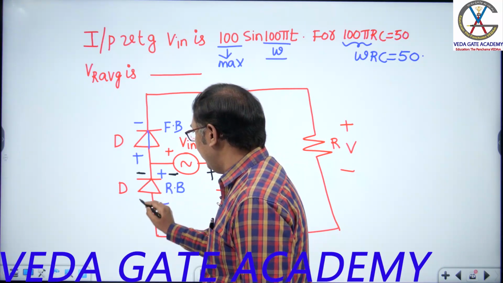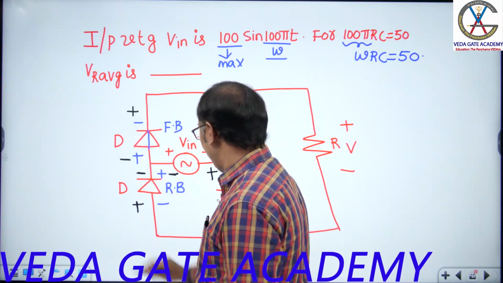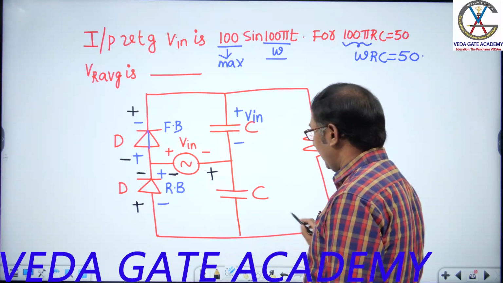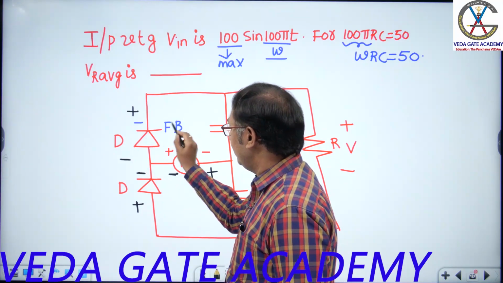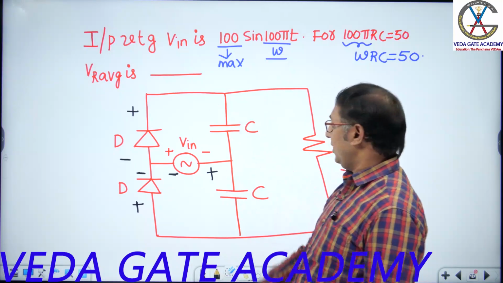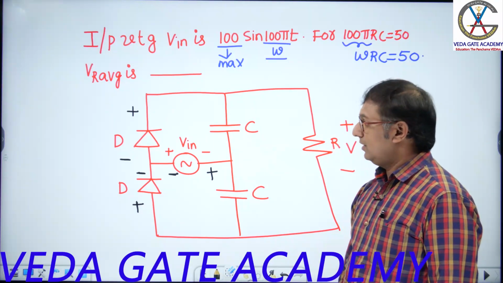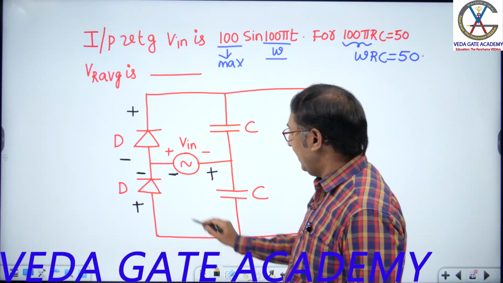This minus comes here, plus will be here. Which diode is forward biased now, and which diode is reverse biased? This diode is reverse biased.